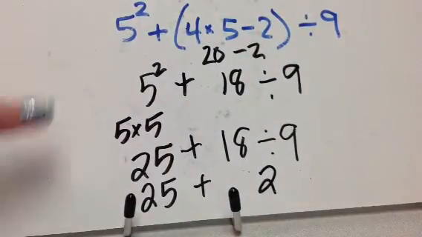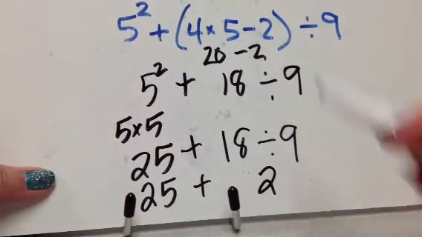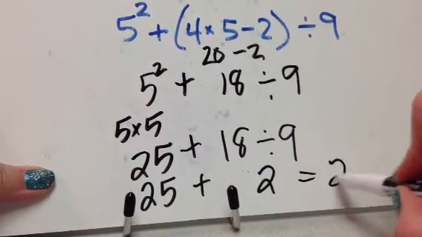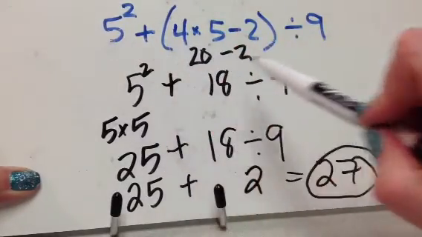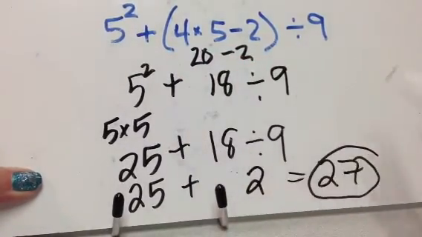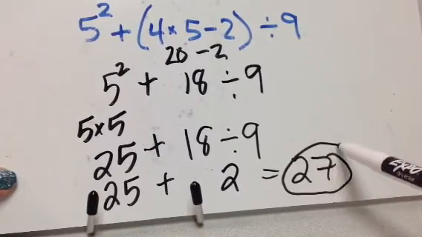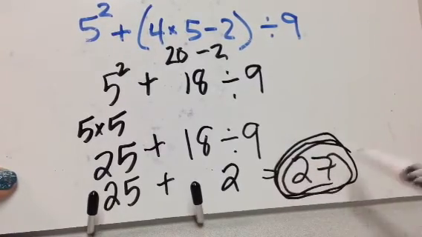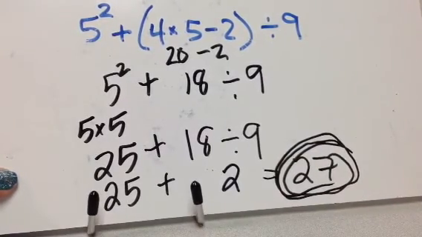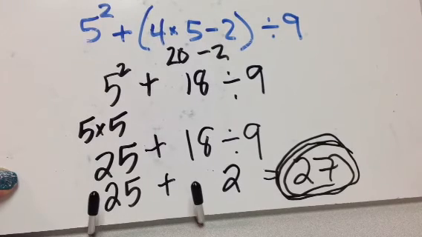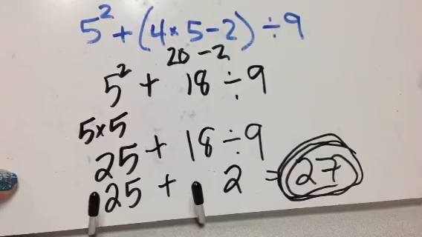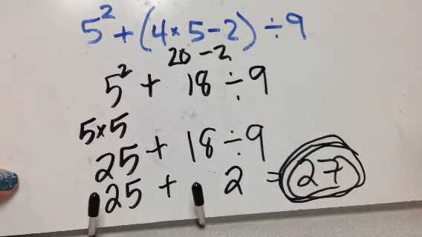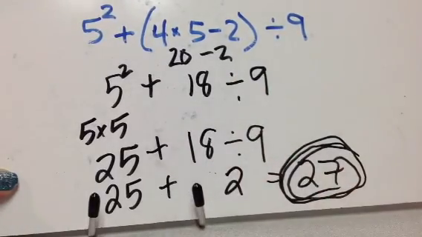Very, very last thing. So all I've got to do is add 25 plus 2, 27. So even though I started out with this big, scary looking mess of numbers up here, my answer comes out to be this very nice 27 whole number. We got there pretty easily, and we'll be practicing this order of operations and dealing with these exponent things more in class tomorrow.